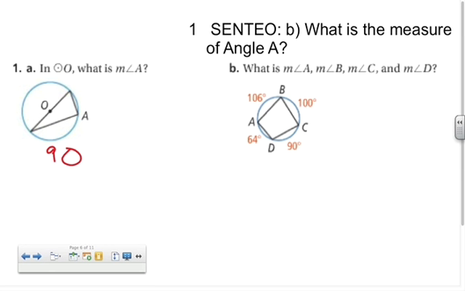Once I reminded you to look for what Pac-Man is eating, a lot of you saw it pretty easily. Starting with angle A, if you're having trouble seeing Pac-Man's big mouth, then extend the sides of the angle, as I've done here. The arc that it's intercepting is what's between the sides of the angle.